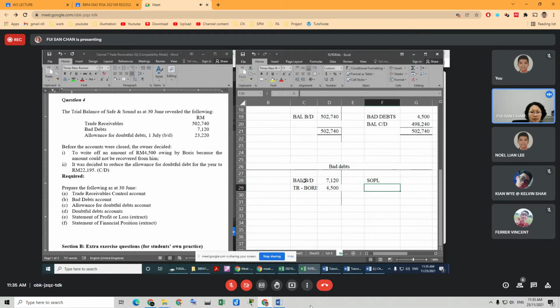Expenses. So 11,125. Okay, 11,125 and 11,125. So that account is done.